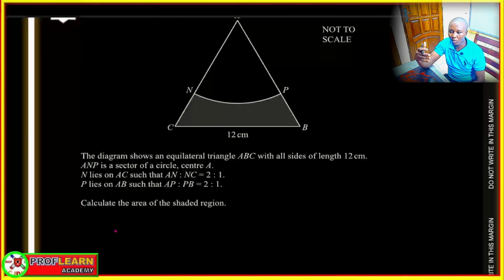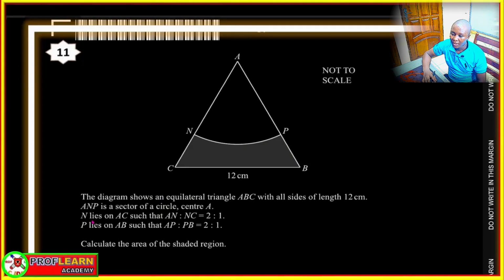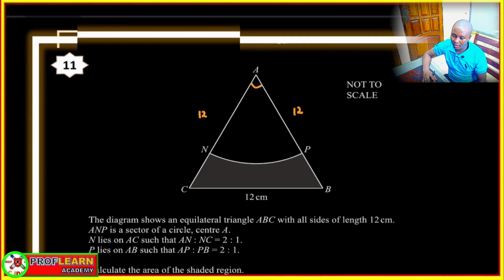If it was an equilateral triangle, it means all the angles are 60. And each side length was 12. The ratios are provided here. We can find what this distance AN and AP is. Of course, they are equal because that represents the radius.